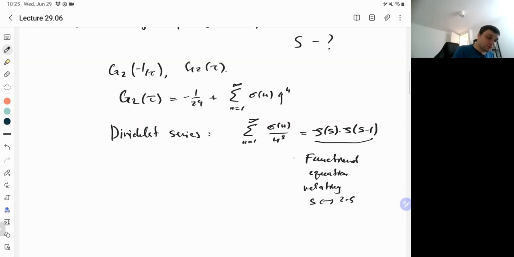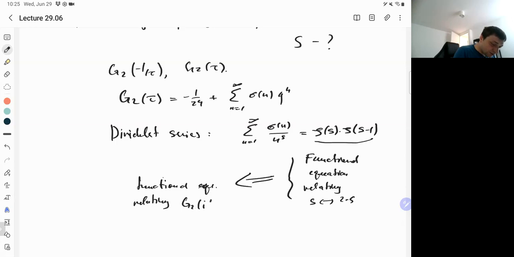And then you get the functional equation relating G2 of iT and G2 of i divided by T for real values of T. And what you do is you do inverse Mellin transform.